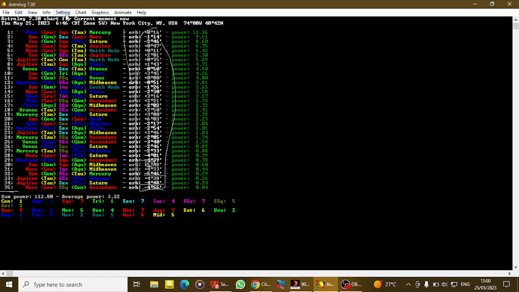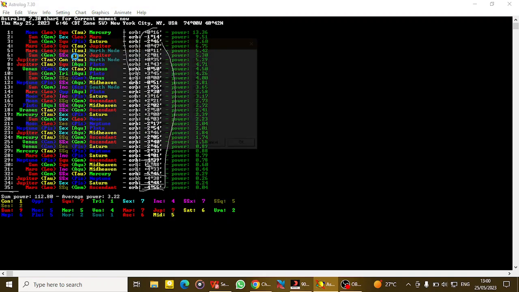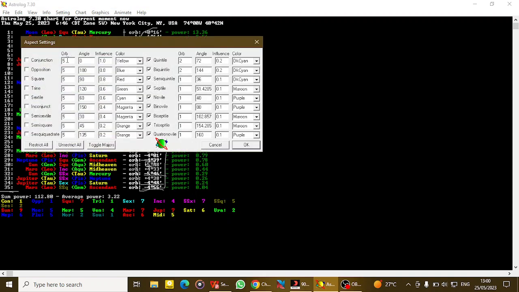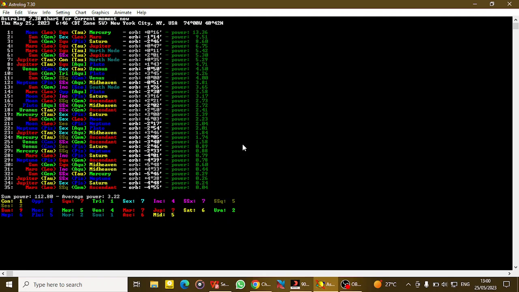However, if you change the settings to more than 5, it will still apply, but remember that aspects beyond 5 degrees and 59 minutes are irrelevant to affecting that particular market.